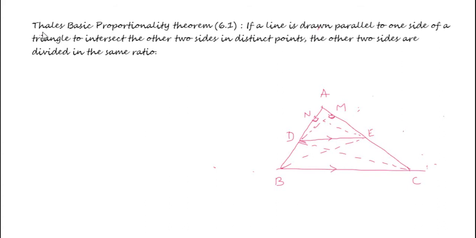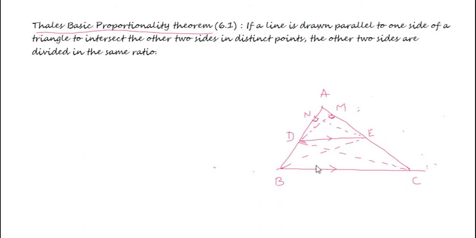Thales basic proportionality theorem. This theorem states that if a line is drawn parallel to one side of a triangle, here triangle ABC, a line DE is drawn parallel to one side, that is BC, to intersect the other two sides in distinct points, that is D and E, then the other two sides are divided in the same ratio.